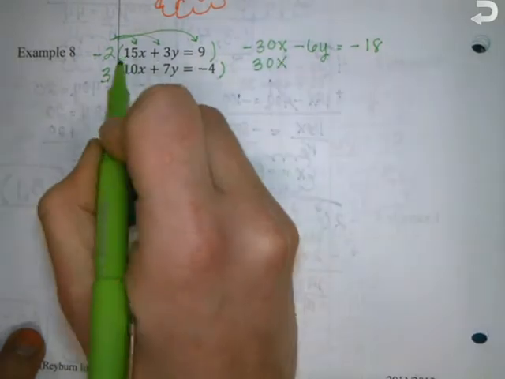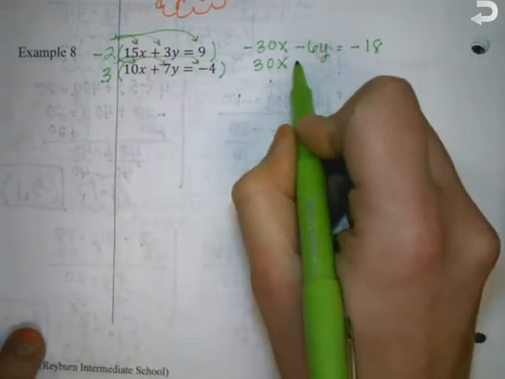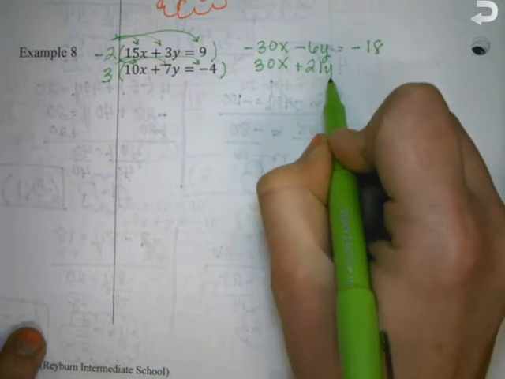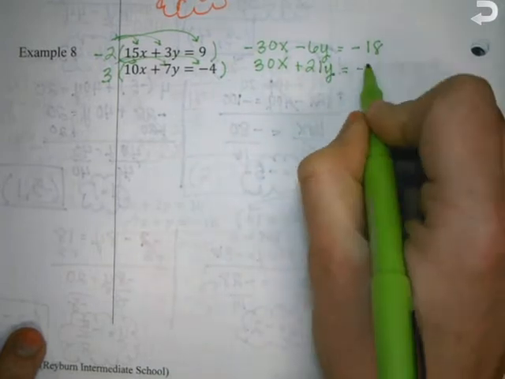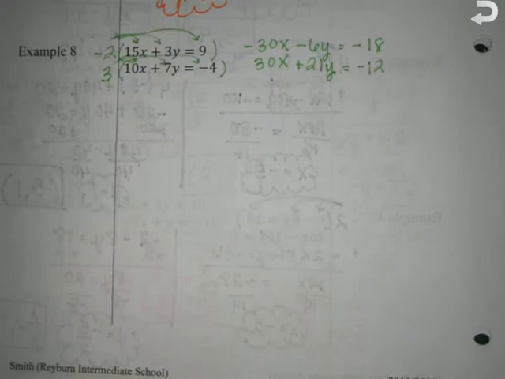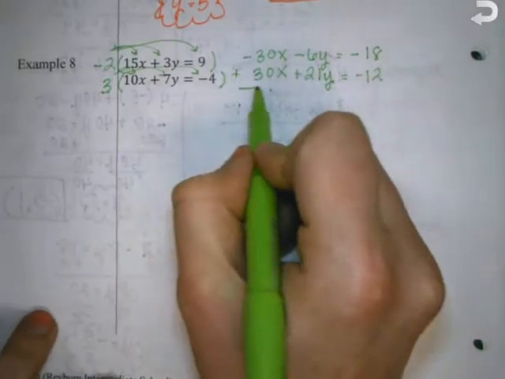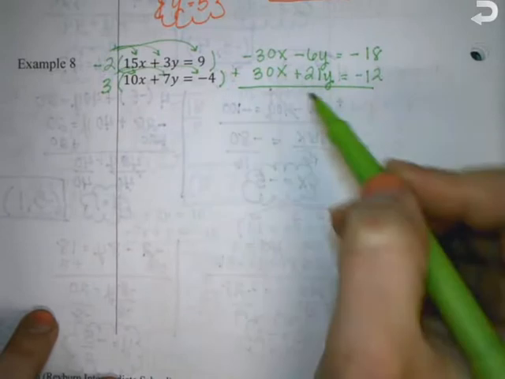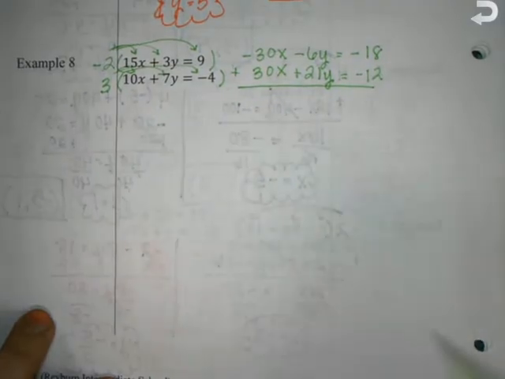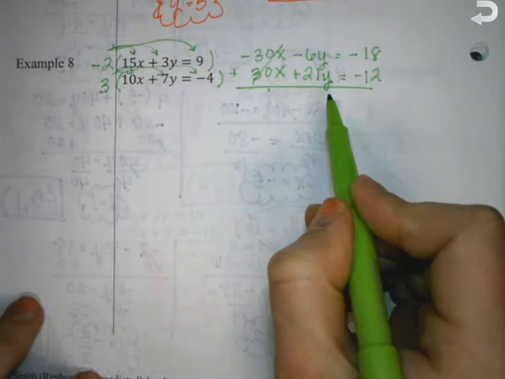Okay, so I add both equations, and I get -30x plus 30x is 0. -6y plus 21y, positive 15y equals -30. Divide both sides by positive 15, so I get y equals? Very good, -2.